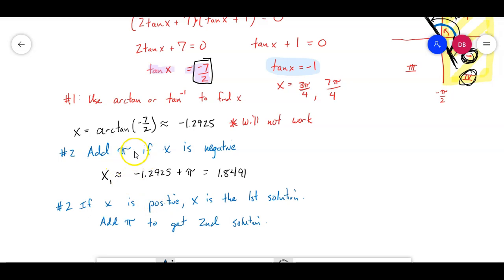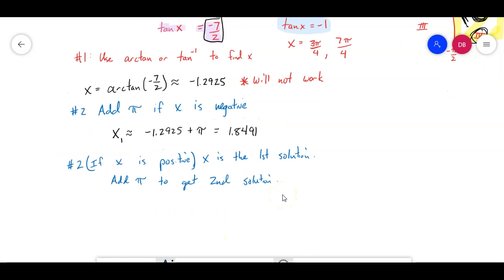So you'd still add pi if x was positive, but it would be the second solution. If that negative 7 had been a positive number, this would be a positive number, and that would be your first solution, because it'd be between 0 and 2 pi. But when it's negative, you have to add pi to get your first solution. If it was positive, you'd add pi to get your second solution.